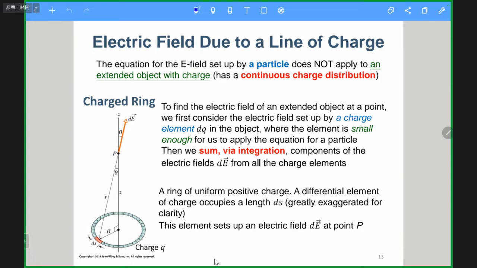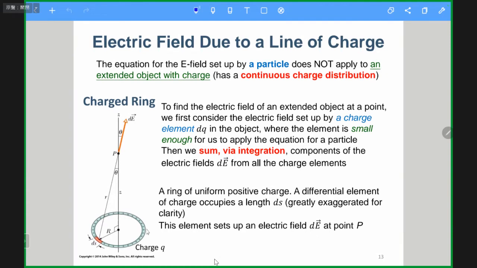But for some structures, the charges are not discrete charges. For example, in this page, we have a line of charge. This is a ring, and we have charges distributed continuously. So you cannot count, oh, this is a single charge, there is another single charge.